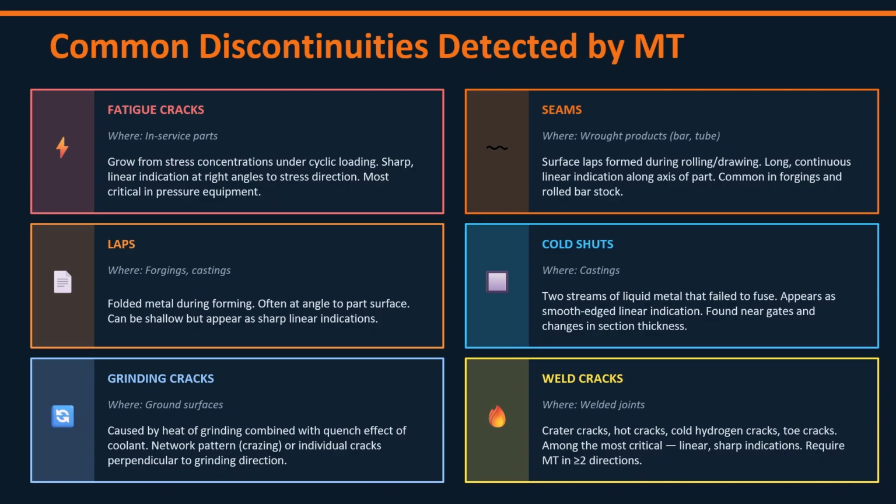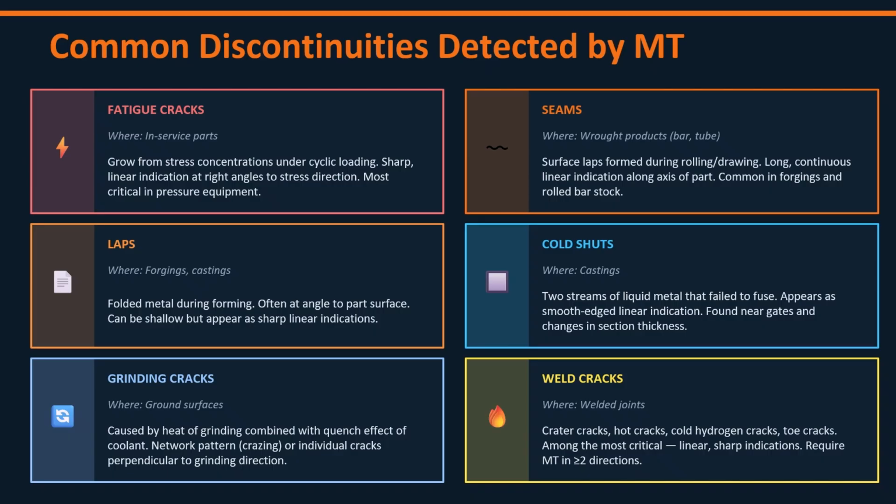Seams are elongated surface or near-surface imperfections associated with wrought products such as bar or tube. Laps are folded over material created during forming and can also produce sharp linear patterns. Cold shuts occur in castings when two streams of liquid metal meet without completely fusing. Their location and smooth linear appearance can help distinguish them from other conditions.